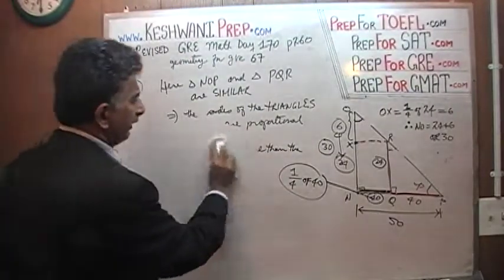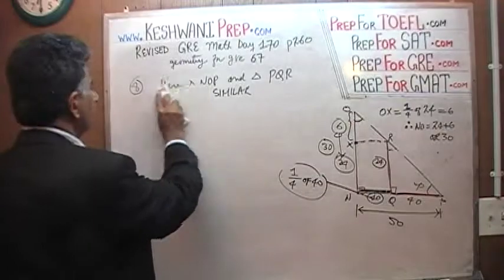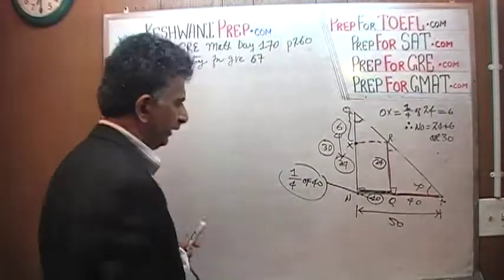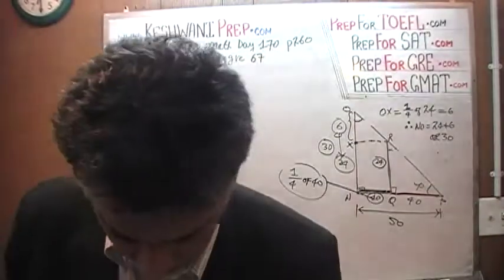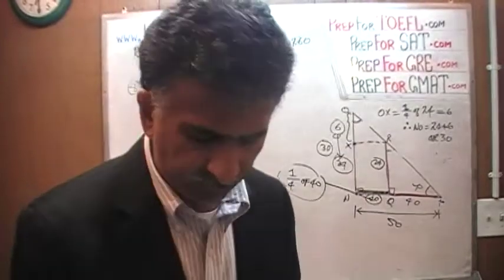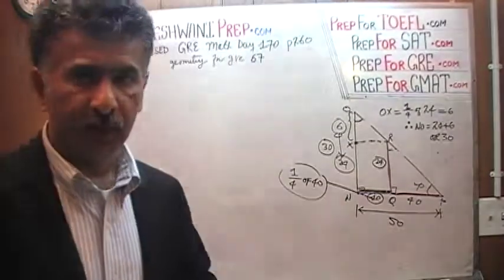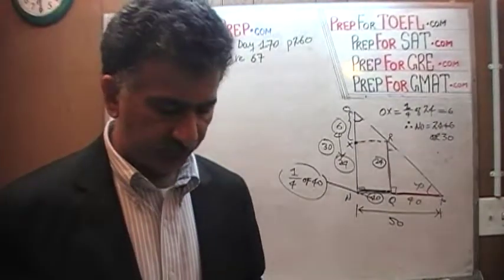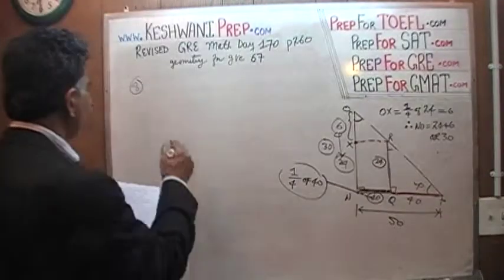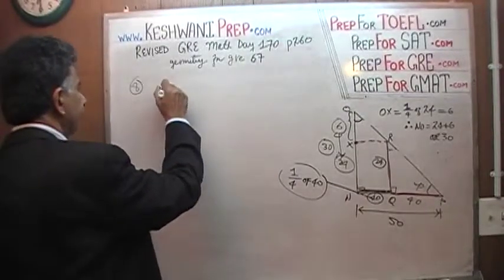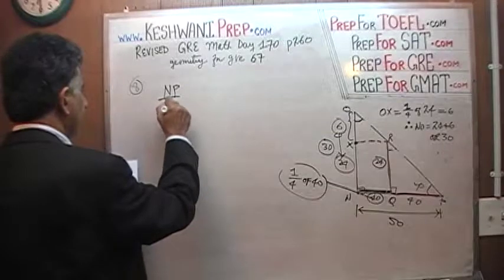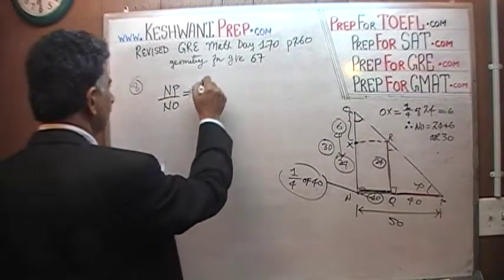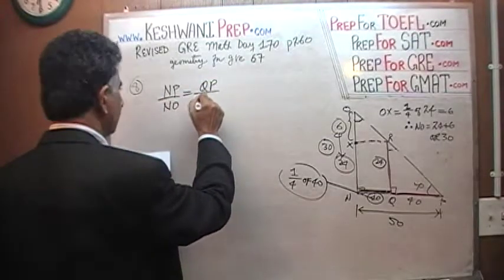The proportional way is probably the more traditional way that most people will set it up, and that goes something like this. You set up the ratios of the two sides of one triangle and the two sides of the other triangle, because that's what it means to be proportional. That means the ratios have to be the same. If you take the ratio of side NP to the side NO, that ratio has to be equal to QP to QR.